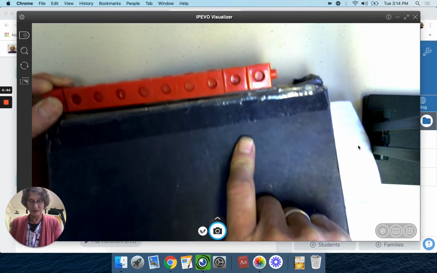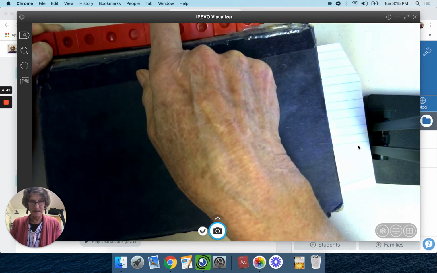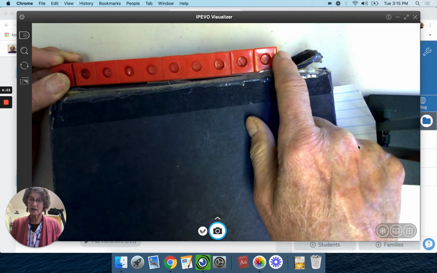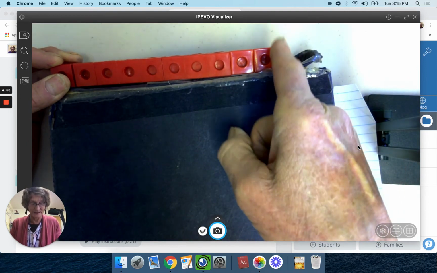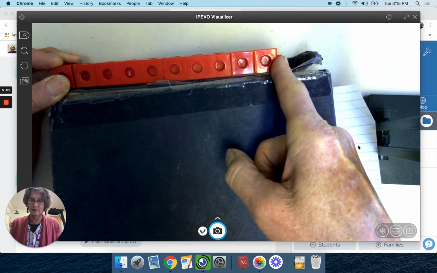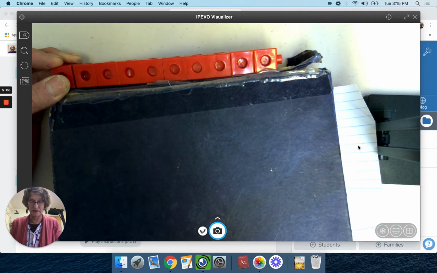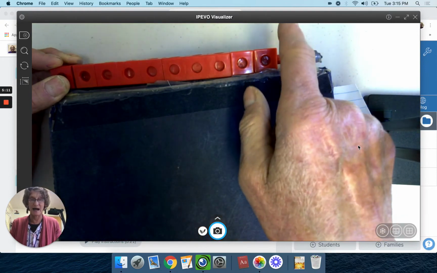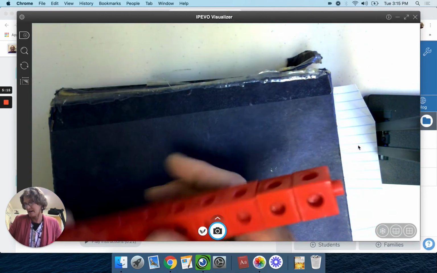Well, this book, let's see, the 10 block is shorter. How do I know that? Because it stops here, stops first. The first one to stop is shorter. The one that keeps going is longer. So the 10 block is shorter. It stops first. Okay, that's a good way to say it.